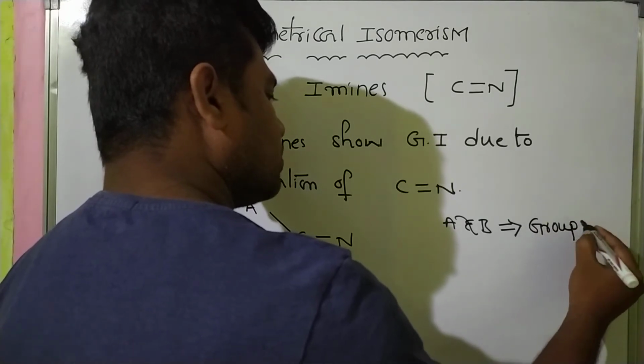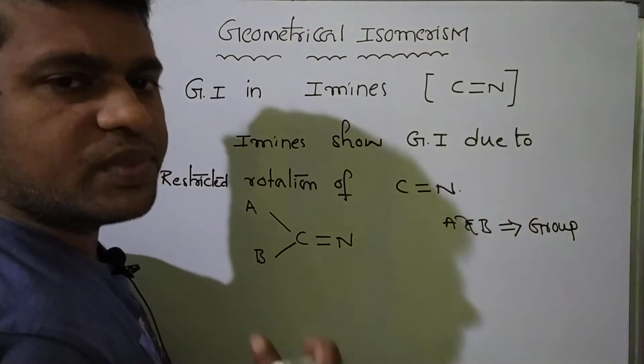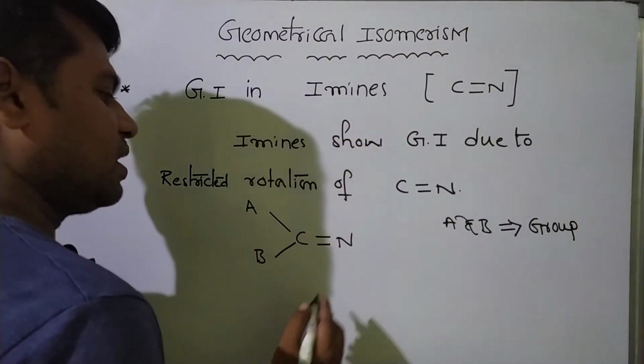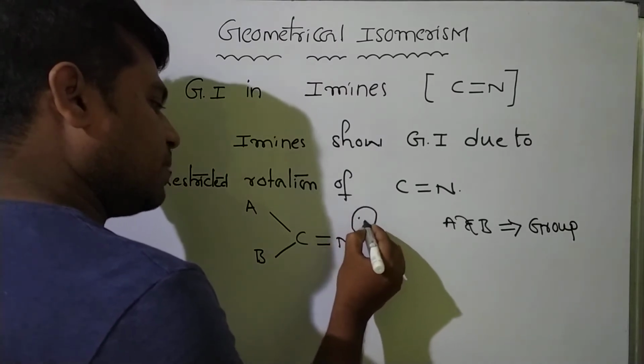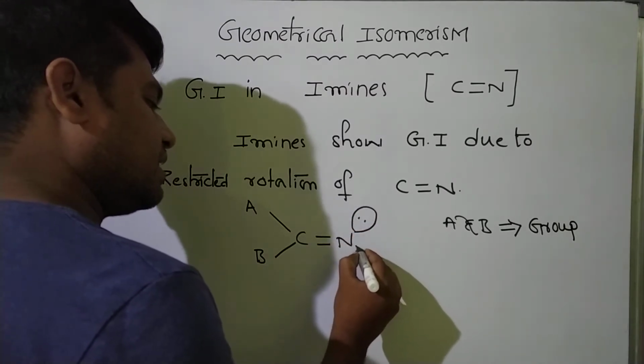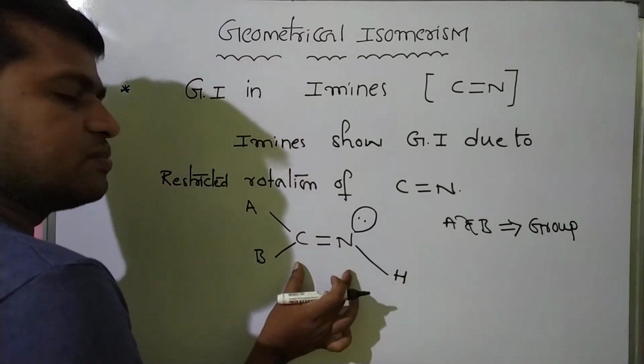So these groups may be hydrogen, alkyl groups or phenyl group, whatever. And on this nitrogen atom, one lone pair is present and here hydrogen. So this is the basic structure of imine.